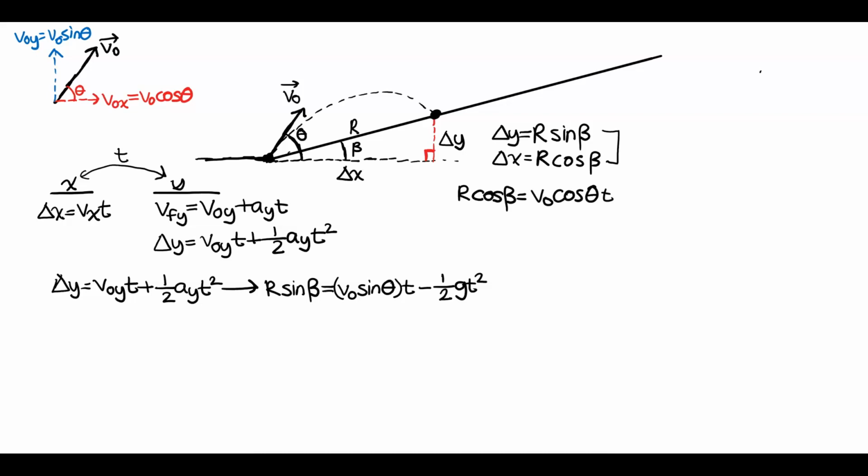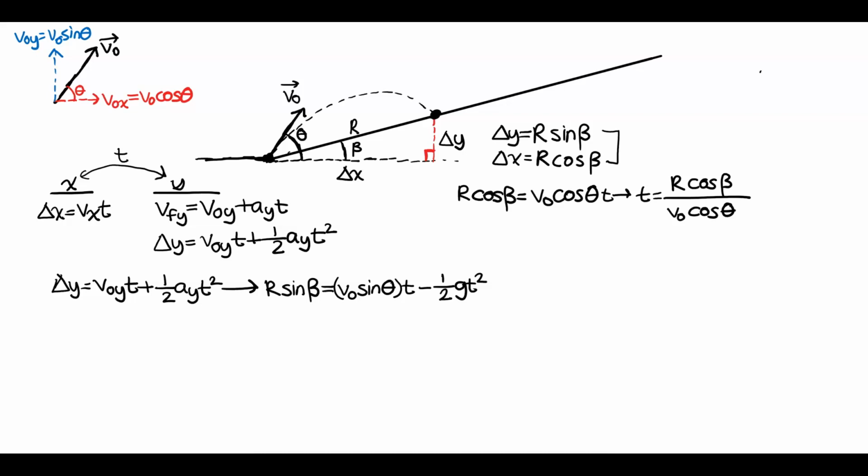That means if we divide by v naught cosine theta, we get t is equal to r cosine beta over v naught cosine theta. And this is actually really significant. Now we have an expression for t in terms of r.